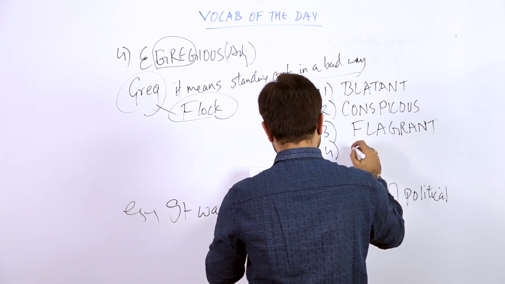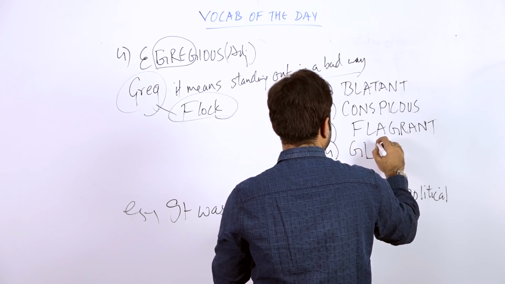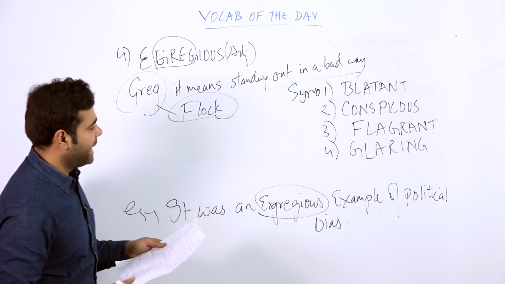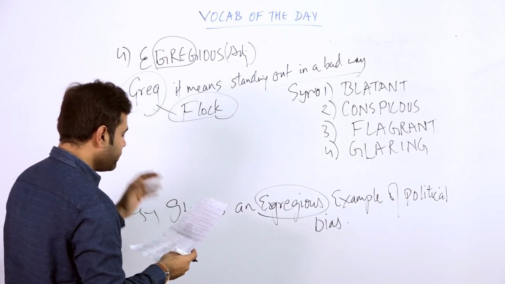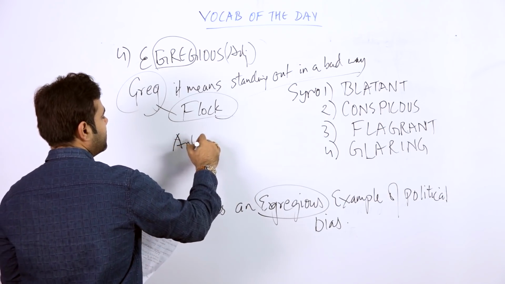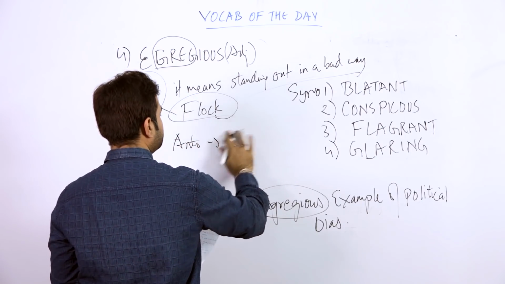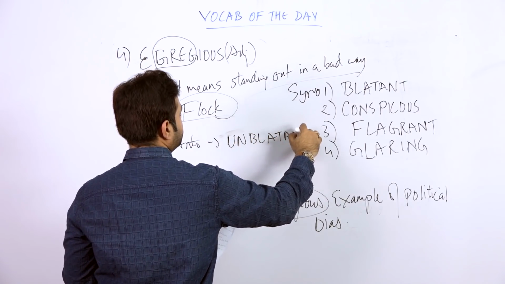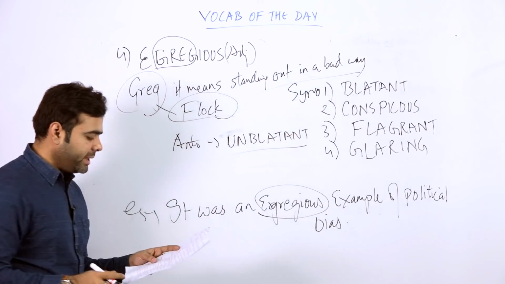Fourth word you can take is, students, glaring, G-L-A-R-I-N-G. Fine. So these are the four words you can take as synonyms for the word egregious. And in antonym you can simply say unblatant. Fine. This can be the antonym.